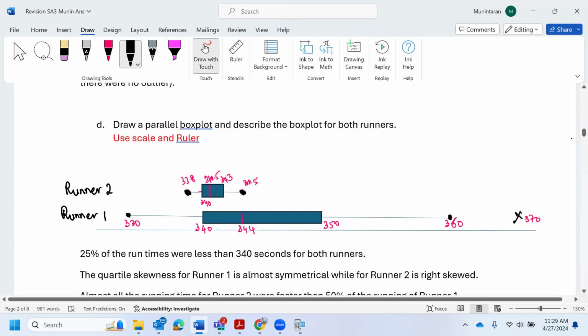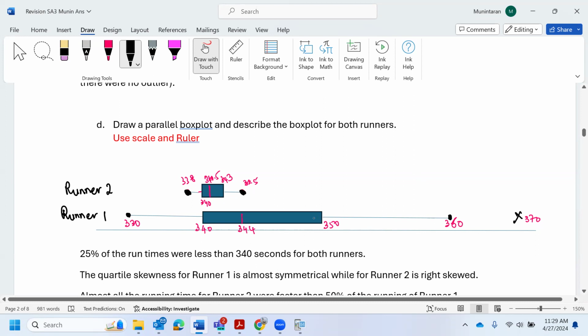So 25% of the run times were lesser than 340 seconds for both runners, which is runner 1 and runner 2.